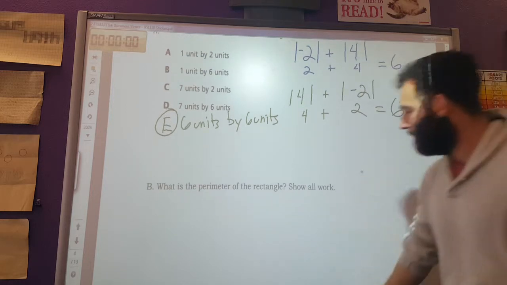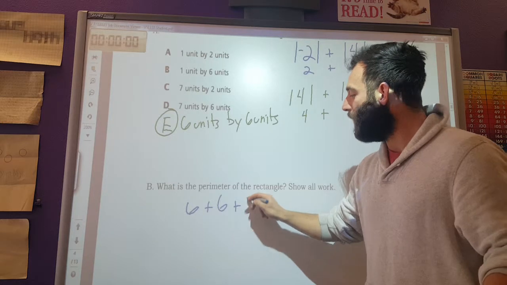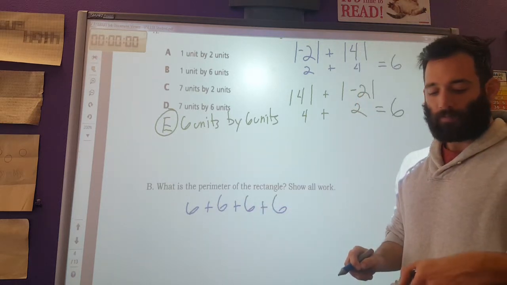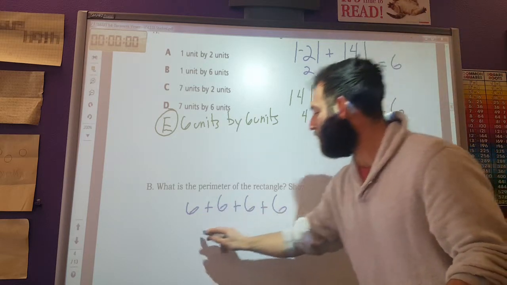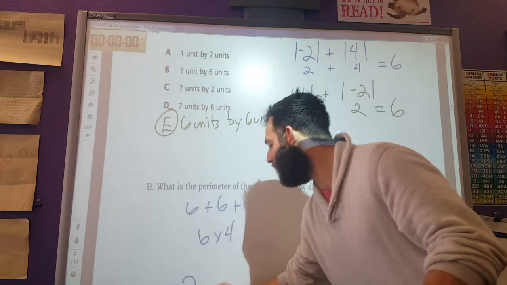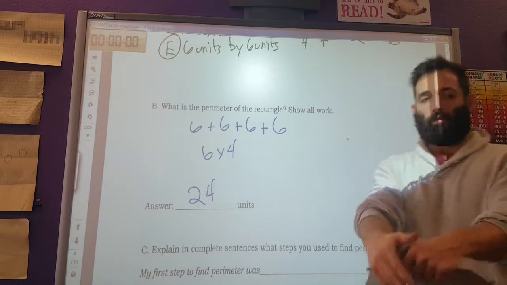I have 6 plus 6 plus 6 plus 6. And that gives me 6 times 4 for an answer of 24 units.